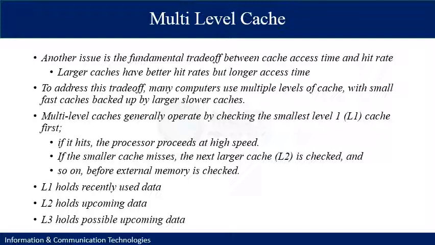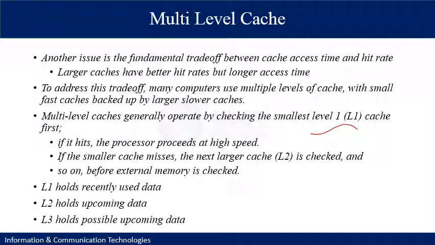Multi-level cache generally operates by checking the smallest level 1 cache first, and if it hits, the processor proceeds at the same speed. If you are unable to find the information in the level 1 cache, it misses. The next larger cache, L2, is checked, and if that also misses, other levels can be incorporated.